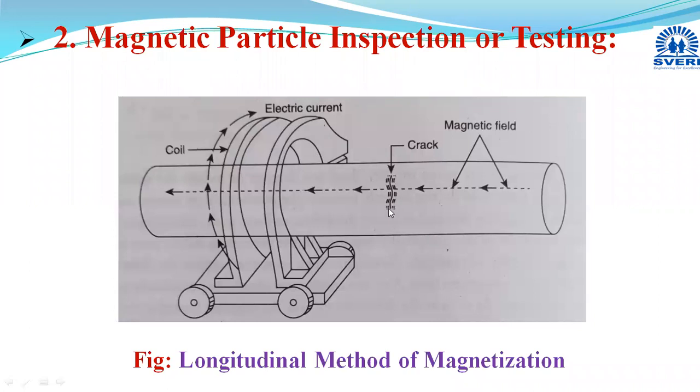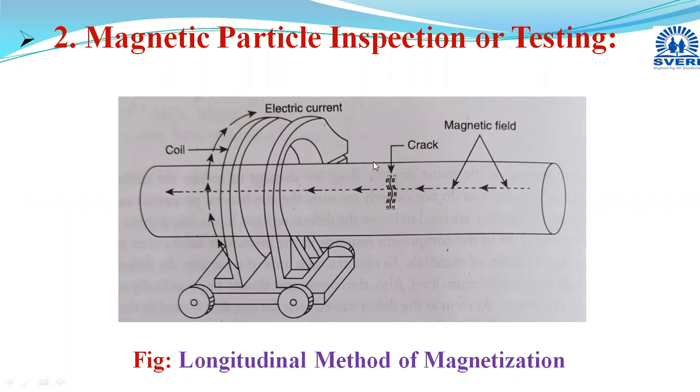To detect this transverse crack, the magnetic field must be in the lengthwise direction, that is, perpendicular to the crack. If the crack is perpendicular to the direction of the magnetic field created in the specimen, then and only then is it detected.